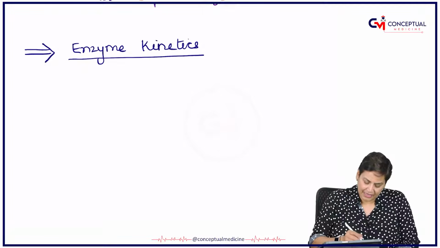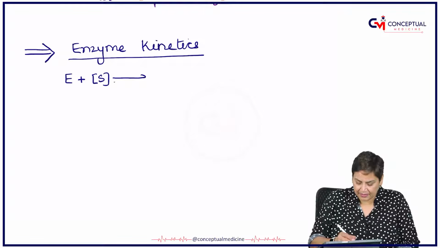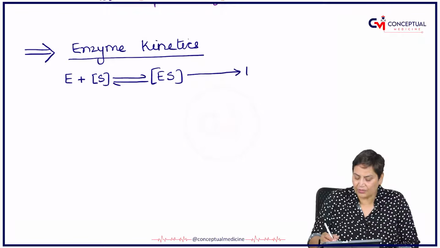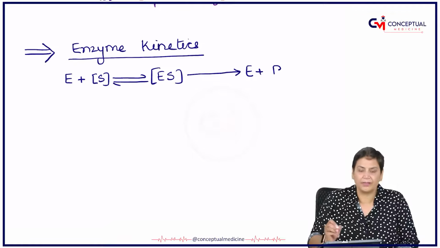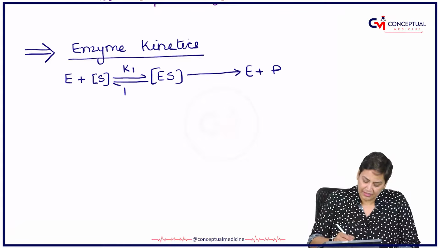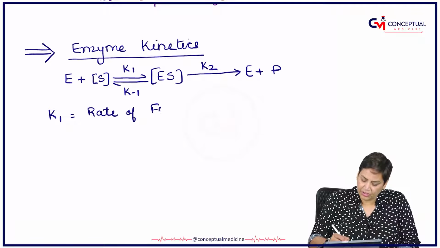Okay, and if we look at the reaction again, I can simply say that enzyme will combine with the substrate. It will form enzyme substrate complex which will dissociate to form the enzyme and the product. So here this can be K1, this will be K minus 1, this can be K2. K1 is the rate of formation of ES.